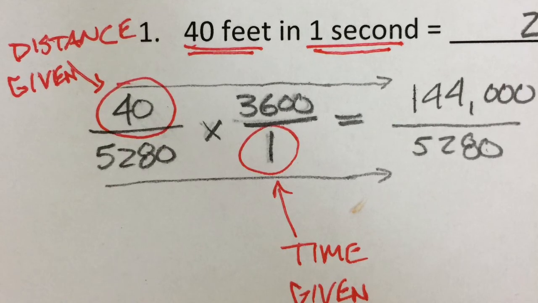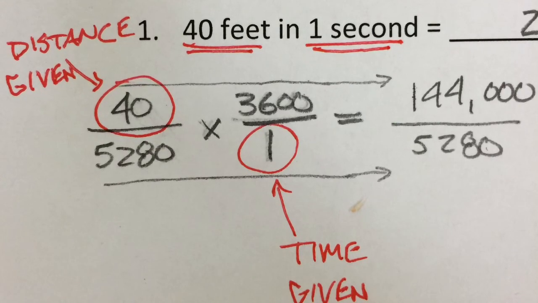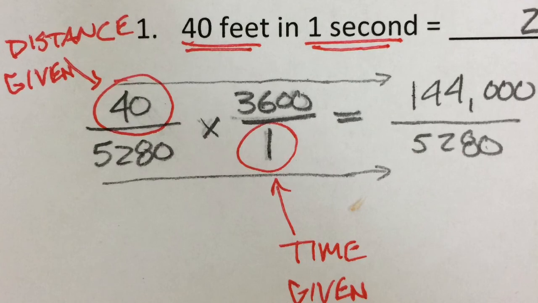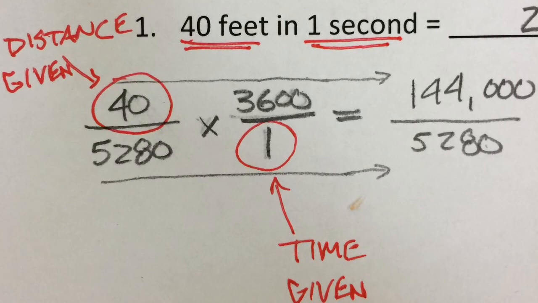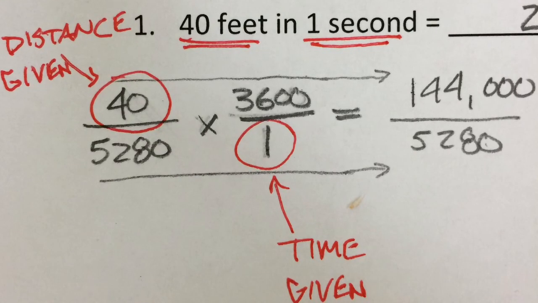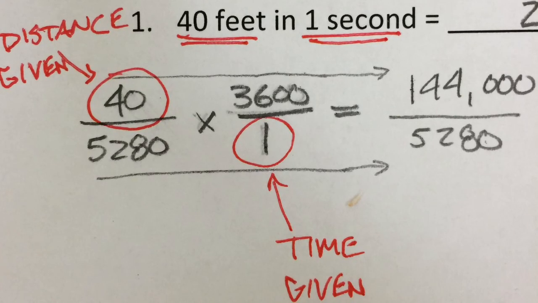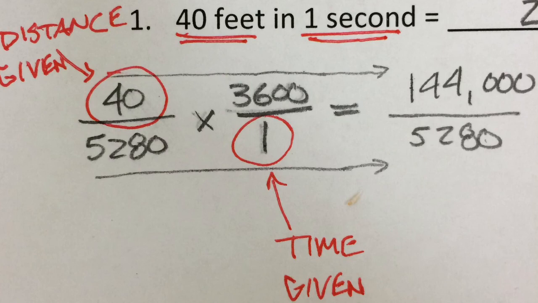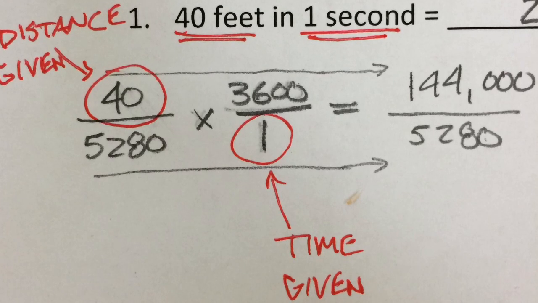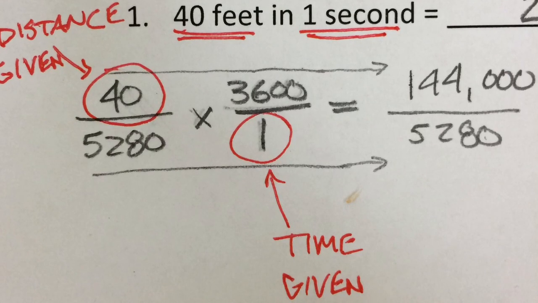Next, identify what your time was that was given. Plug that in with 3,600 above it. If you set up every problem like this, and then you multiply across your numerators, multiply across your denominators, and then do a final division in the end to get your answer, you're going to be totally fine.